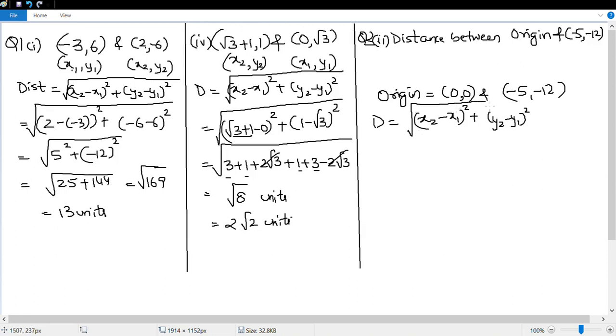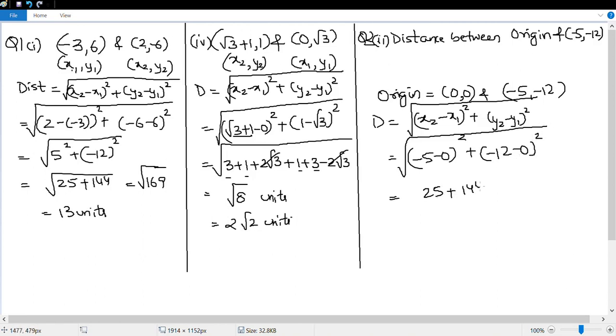So this will be the square root of negative 5 minus 0 whole square plus negative 12 minus 0 whole square, which is negative 5 whole square, that's 25, negative 12 whole square, that's 144, the square root of this, which means square root of 169, which means the distance is 13 units.